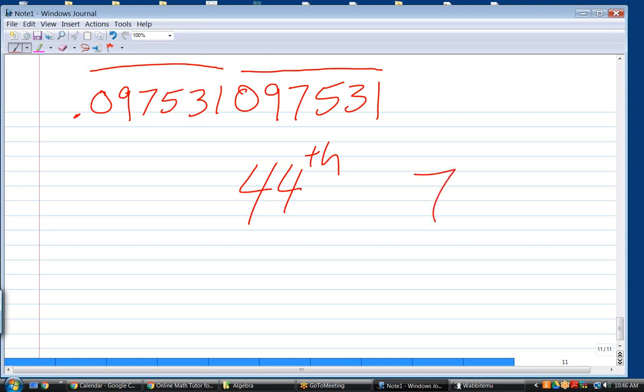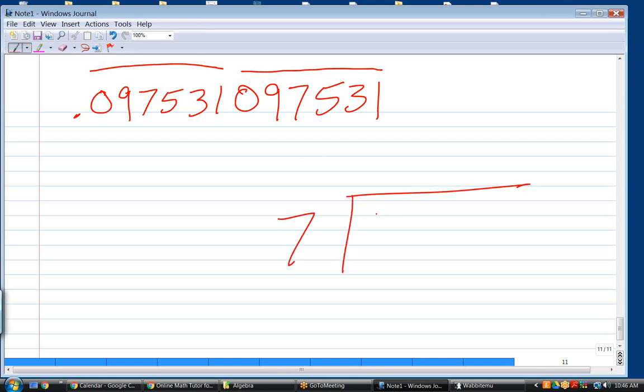Again, you're going to have to do this by long division, and I'll show you why. 7 goes into 44 how many times? Your calculator gave you the whole number, 6 point something.